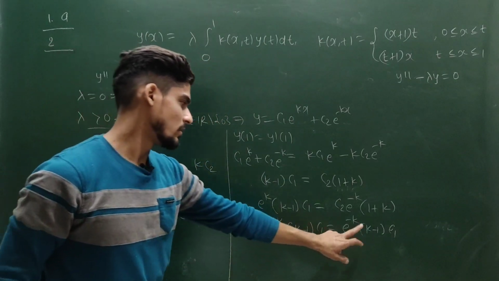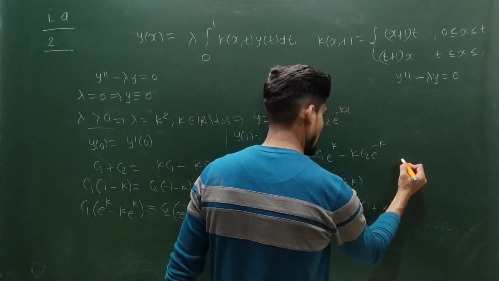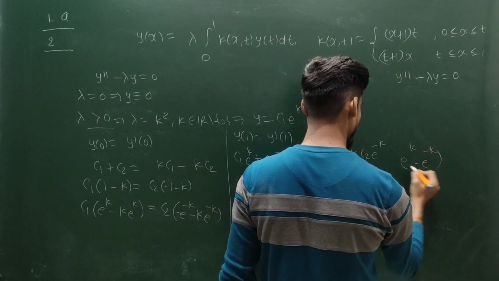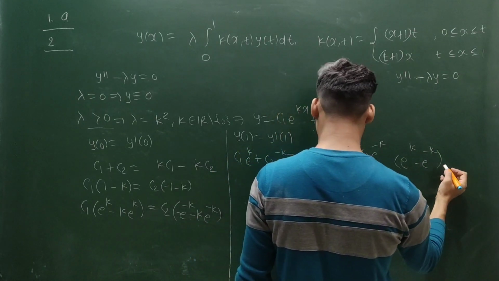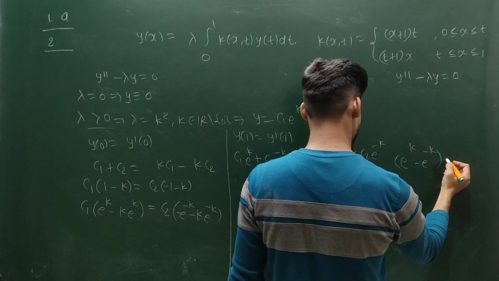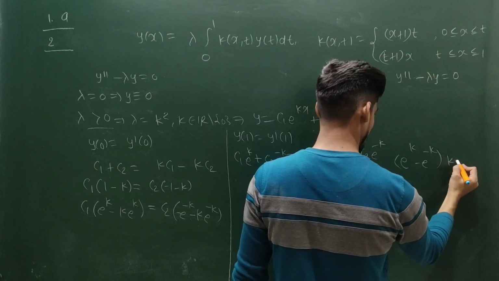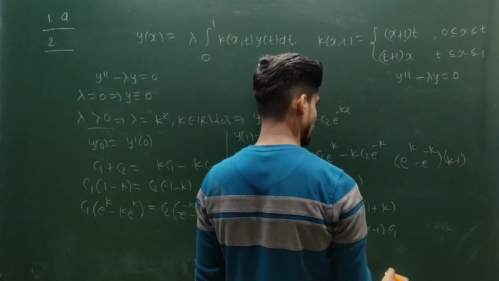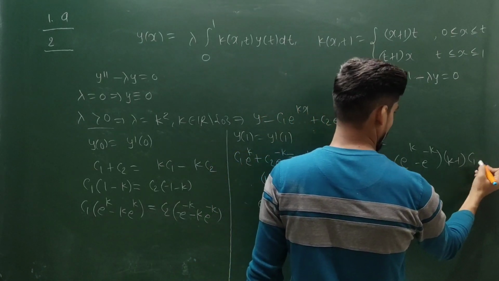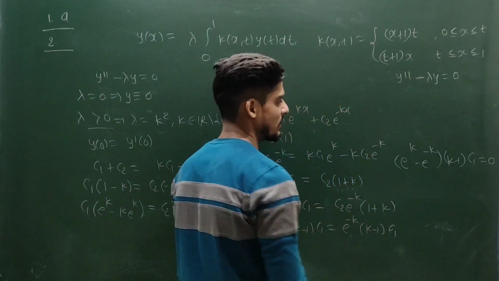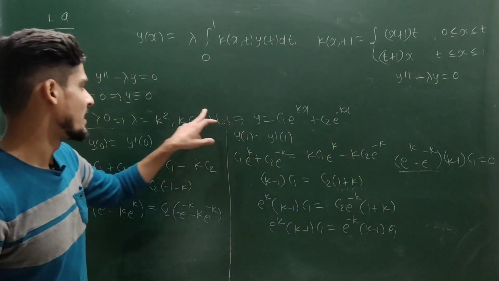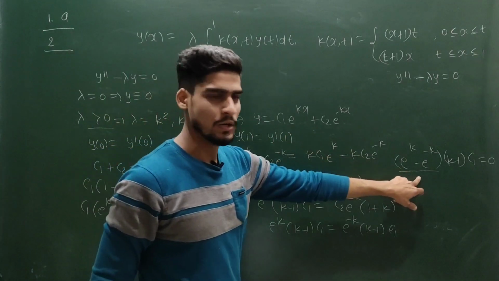So I can take this common out, so I will be having (e power k minus e power minus k) times (k minus 1) c1 is 0. See, you can see this is 0 when k is 0, but I have assumed my k is non-zero, so this part cannot be 0.